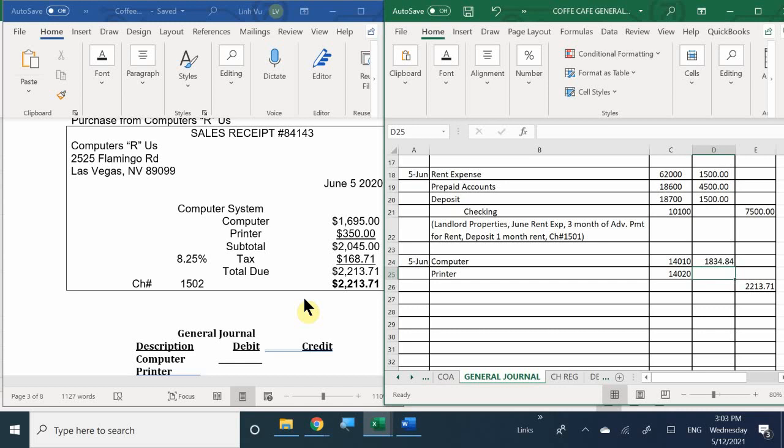It's less tax that you have to pay for that item. So this is where the conservatism idea comes from. You're always going to round down for the least amount, to be least likely to overstate your asset. That's a perfect example here: we calculated the tax for both of them.